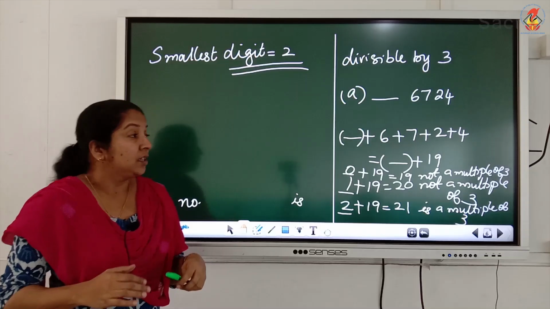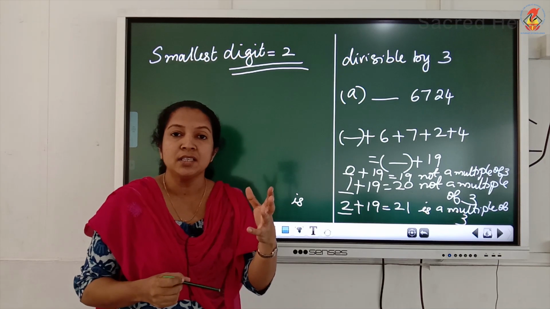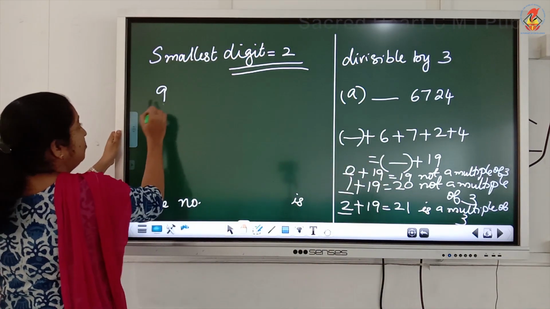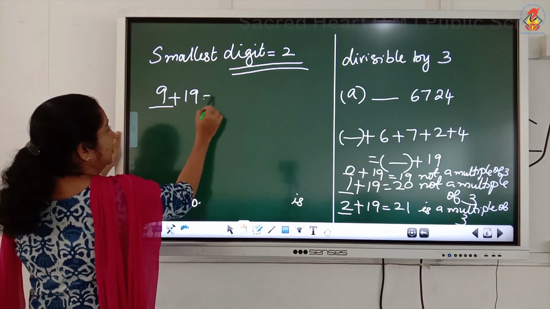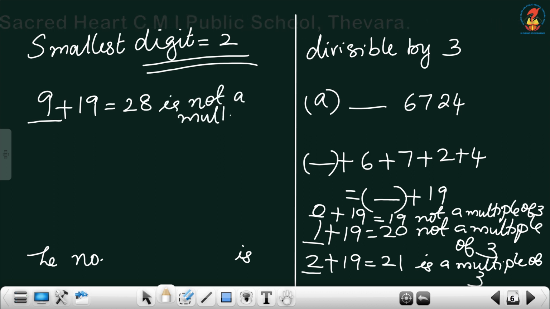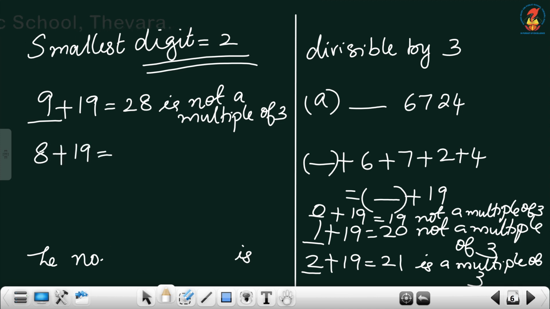Then we have to get the greatest digit. For getting the greatest digit, we have to start from 9. So, 9 plus 19 is 28. Is it a multiple of 3? No, it's not a multiple of 3. Then, go for the next. 8 plus 19 is 27. Is it a multiple of 3?